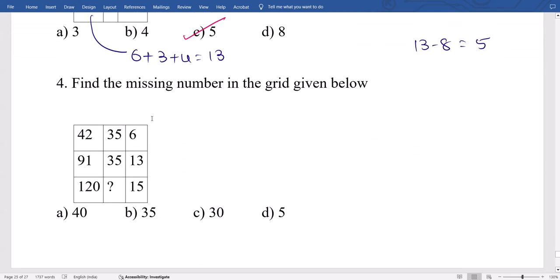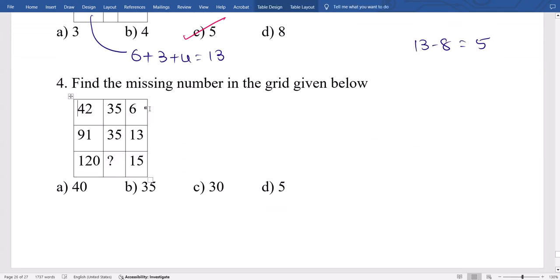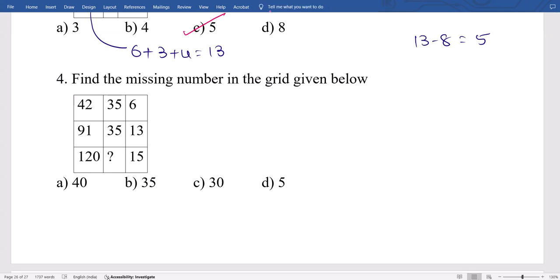Whereas fourth question, A, B, C. Focus on this.